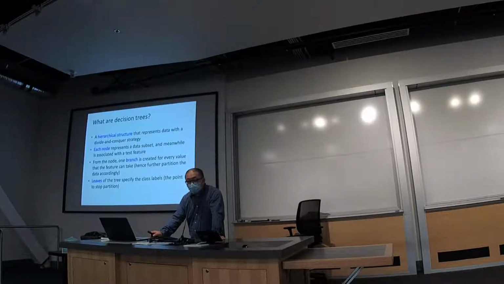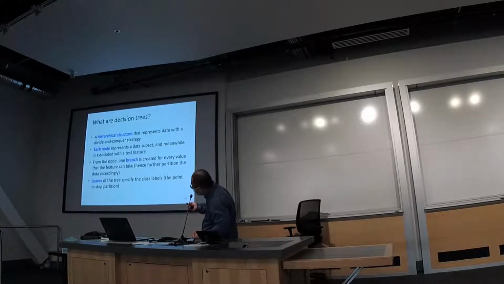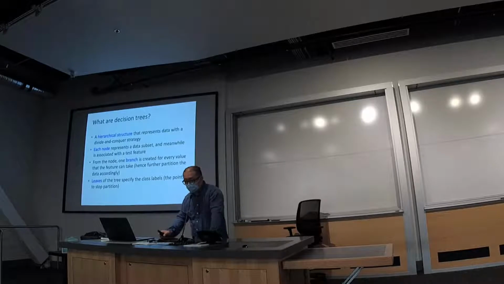So what are decision trees? We briefly mentioned them in the last lecture, but here I want to read through this again to reinforce your idea of decision trees. Basically, a decision tree is a hierarchical structure that represents the data using a divide and conquer strategy. Divide and conquer is mainly reflected in the creation process of the decision tree.